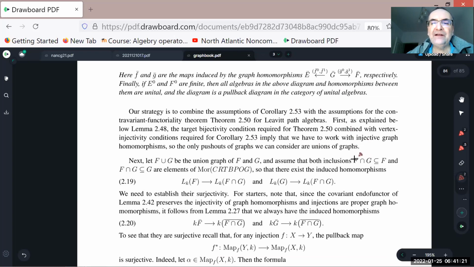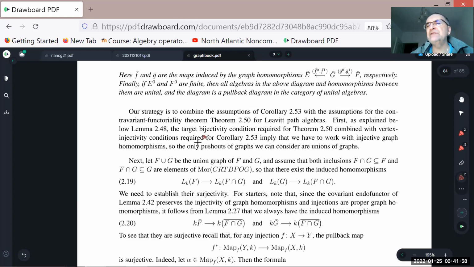As you might remember, I explained about a week ago that the target bijectivity condition, which is required for the Leavitt path algebra theorem for functoriality of the contravariant Leavitt construction, combined with vertex injectivity conditions implies that we have to work with injective graph homomorphisms. So the only push-outs of graphs we can consider are actually unions of graphs.